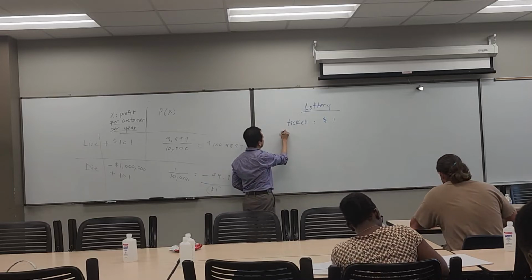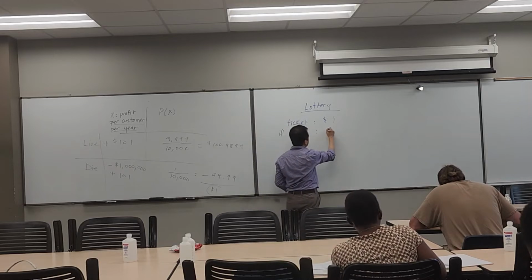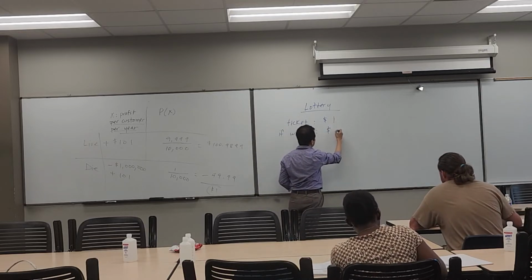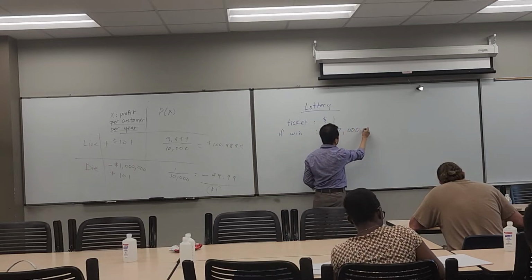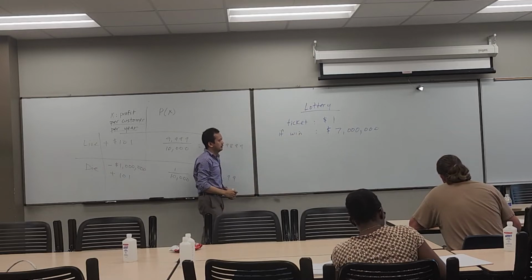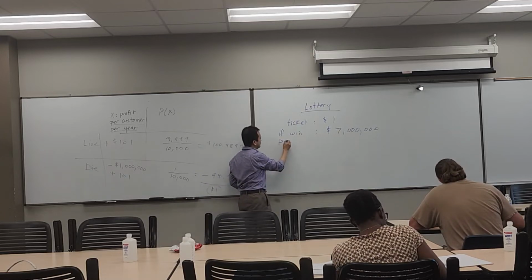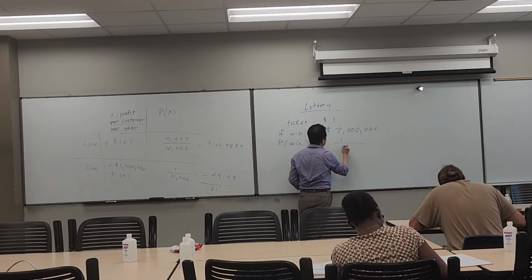And let's say that if you win, you win $7 million. And the probability of winning is 1 in 13 million.